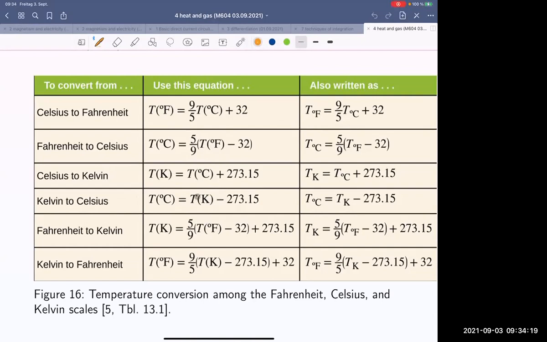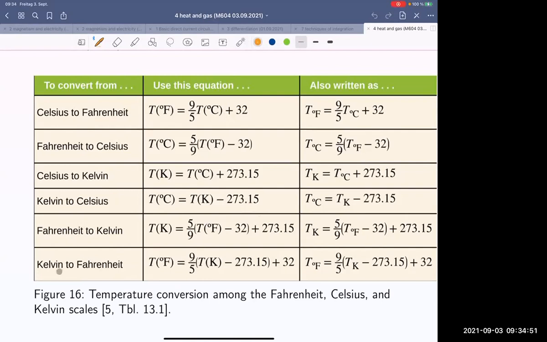To convert Fahrenheit to Kelvin, you do the same change as from Celsius to Fahrenheit, then add 273.15 to the result to get the value in Kelvin.